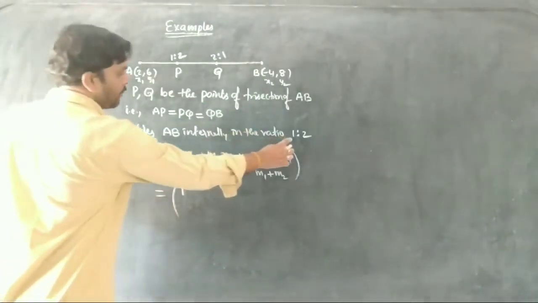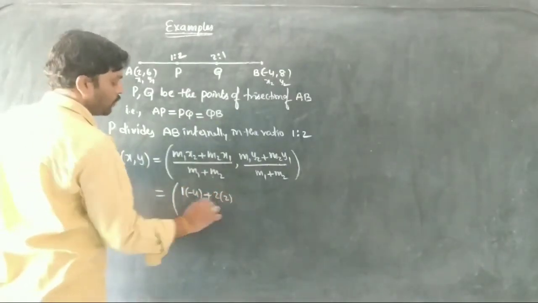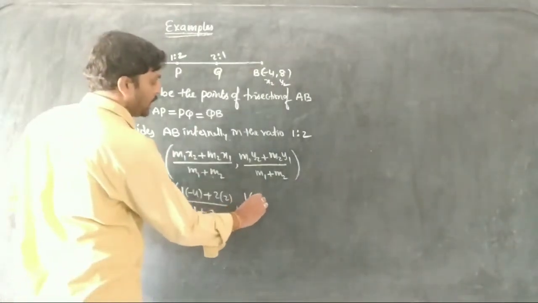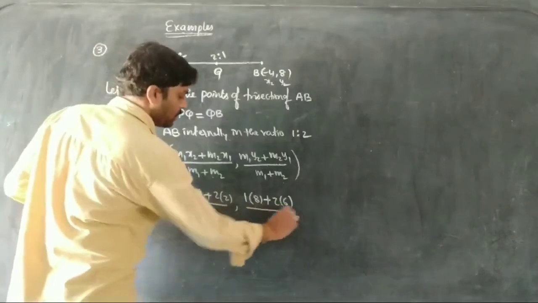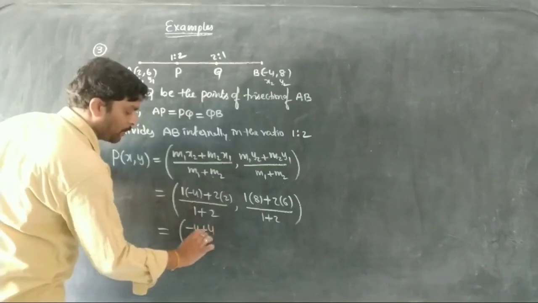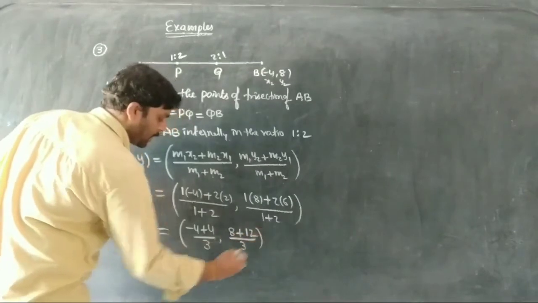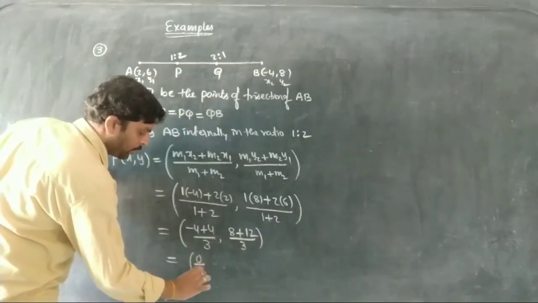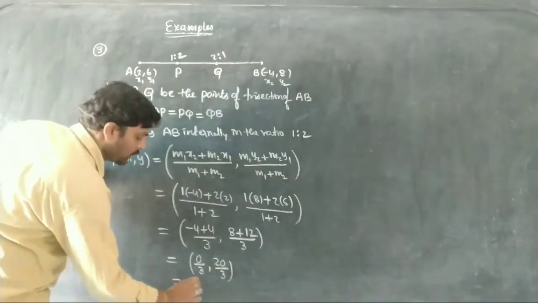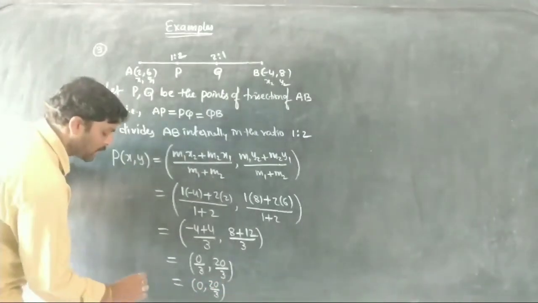Now m1 is to m2. 1 into minus 4 plus 2 into 2 by m1 plus m2 is 1 plus 2. Next 1 into 8 plus 2 into 6 by 1 plus 2. This is minus 4 plus 4 by 3. 8 plus 2 6s are 12 by 3. Now it is 0 by 3. It is 20 by 3. 0 by 3 we know that 0, comma 20 by 3.